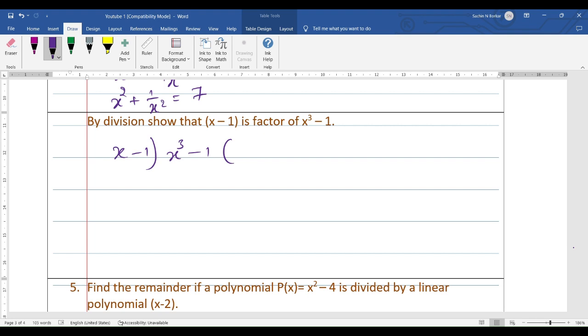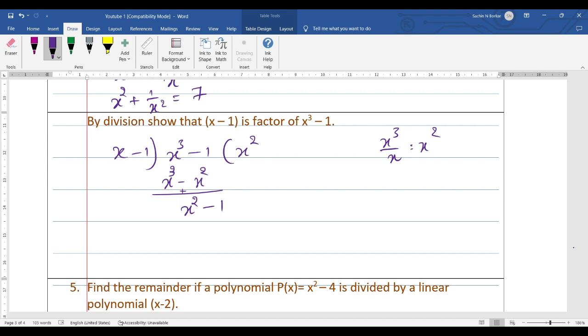So my first quotient is x cube by x, I get x square. So x square is the first quotient. So there I will get x cube minus x square. So that subtraction will give me x cube cancelled, minus will turn to plus, it's x square minus 1.